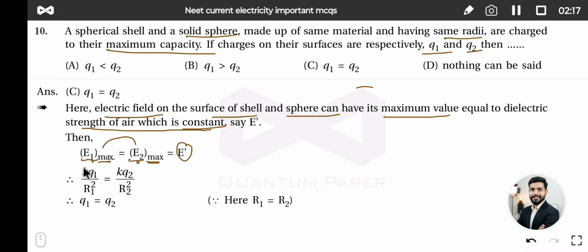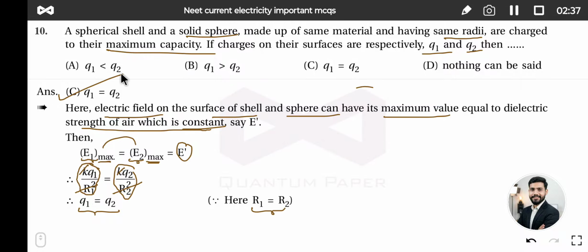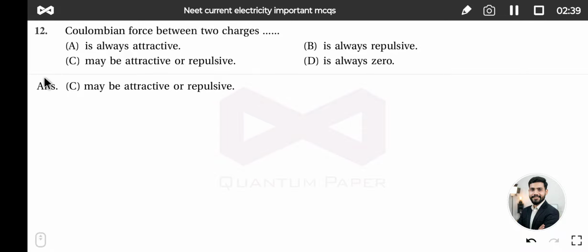So the electric field formula is kq upon r square. So kq1 upon r1 square is equal to kq2 upon r2 square. So k and k will get cancelled, and it is given that both the spheres have the same radius. So r1 and r2 are equal, and r1 square and r2 square will get cancelled. So the answer is q1 is equal to q2. Option number C.